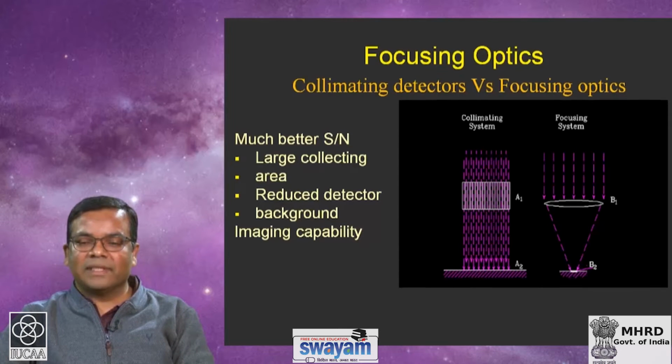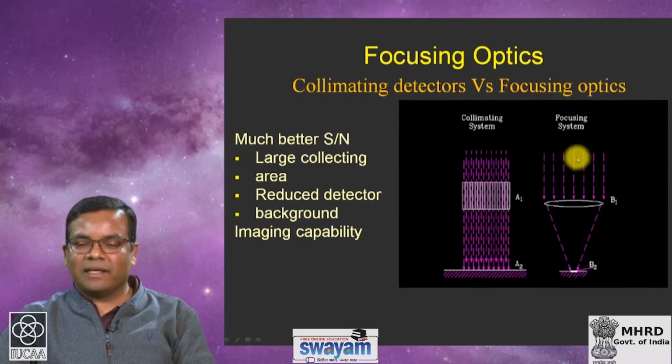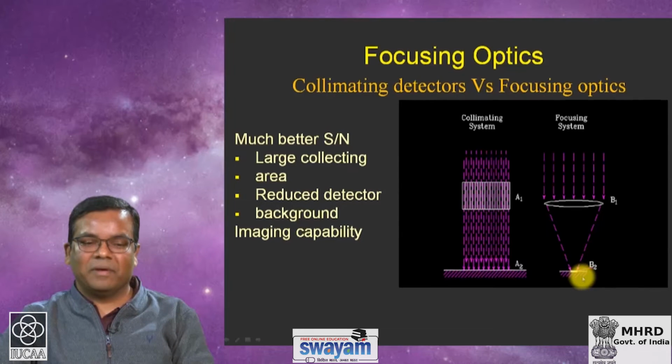If you have focusing X-ray optics, you need a large collecting area, but not large detectors. Large detectors can create a large amount of unwanted background. In focusing optics, you need very small detectors, therefore reducing the background and improving the signal to noise of these observations.